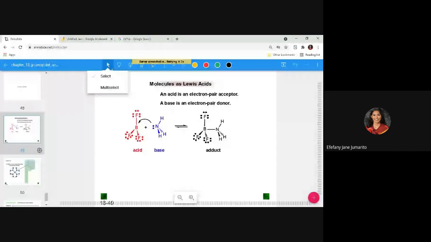So we have the conjugate acid and base from Bronsted-Lowry. For Lewis, the acid accepts electrons and the base donates electrons. So we have electron pair acceptor and electron pair donor.